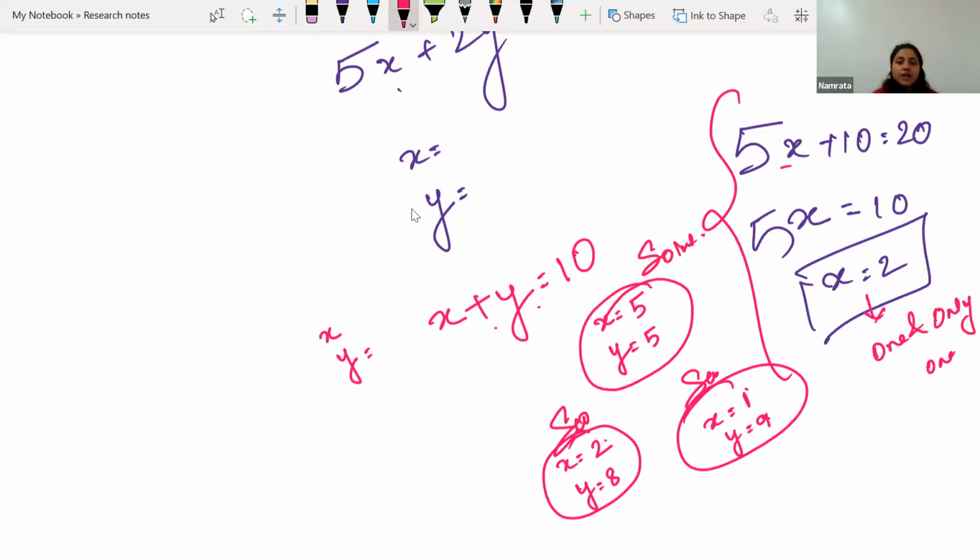Now when we have two variables, you can see I have written only three over here, but like this you will end up getting a lot of solutions. Not only whole numbers, the x value and y value can also be a fraction or a decimal number. So that's why a linear equation in two variables has infinitely many solutions. Okay.